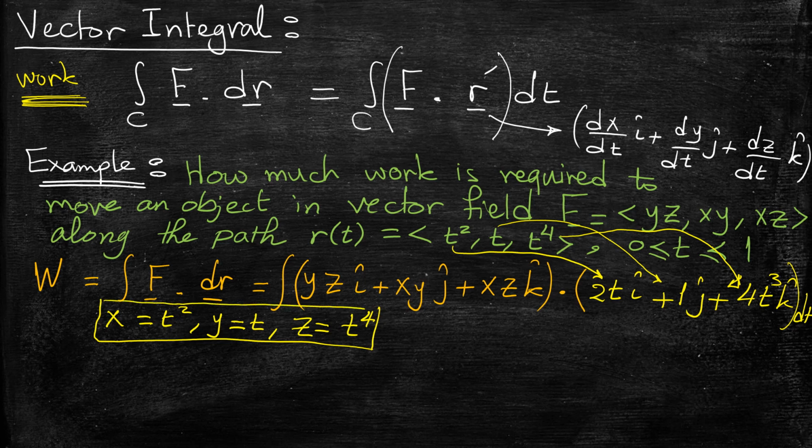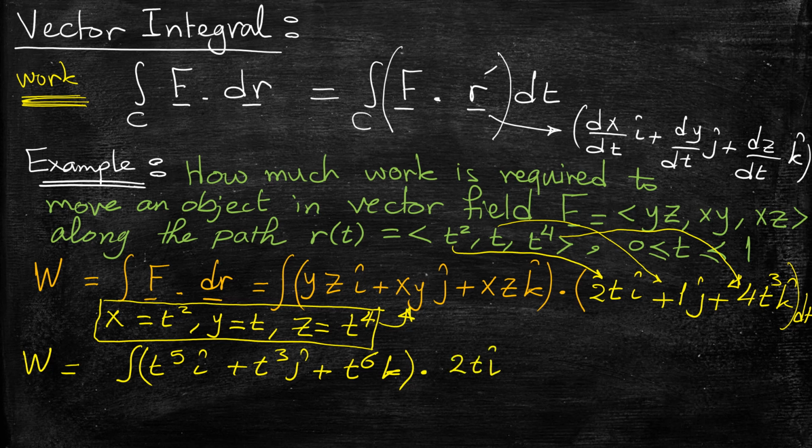Substituting with these three quantities here, we end up with work equal to the integral of yz, which is t power 5, and xy, which is t cubed, and xz, which is t power 6, and then dot product with 2t i plus j plus 4t cubed k dt, and t is defined between 0 and 1.